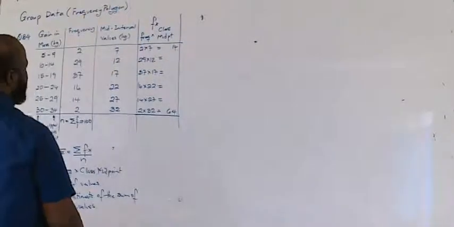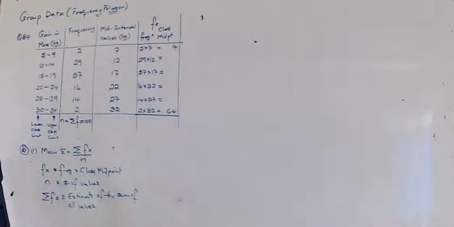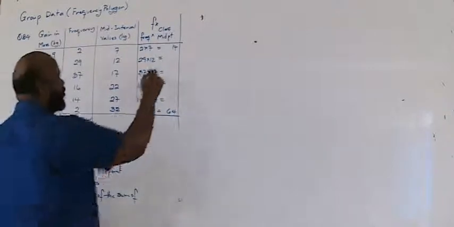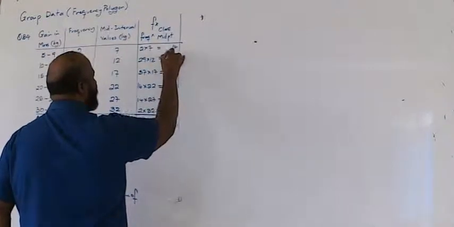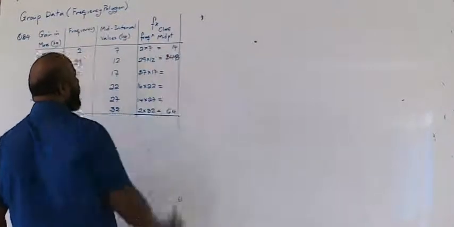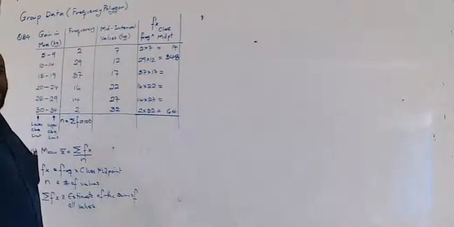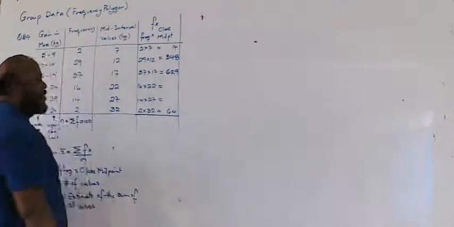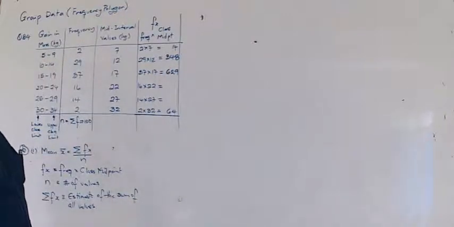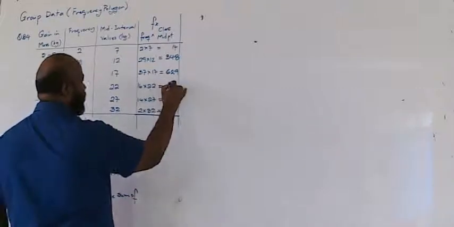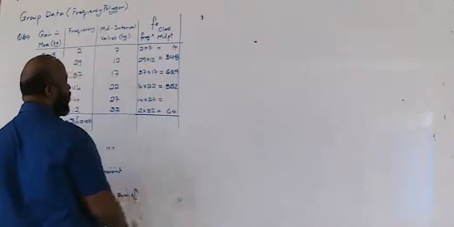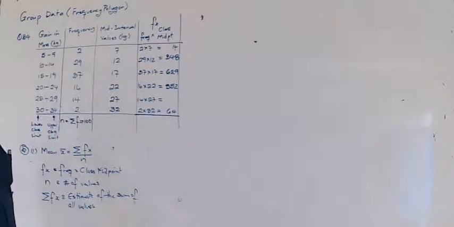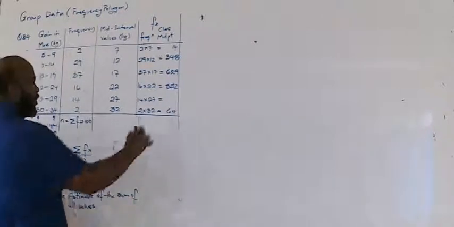Alright, 29 times 12. That just means 29 times 12. 340 how much? 348. 37 times 17. 629. 16 times 22. 352. 14 times 27. 300 and?